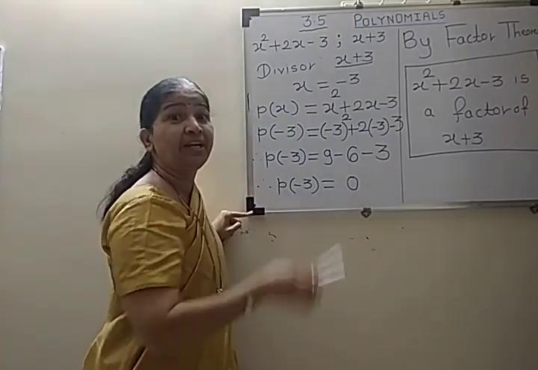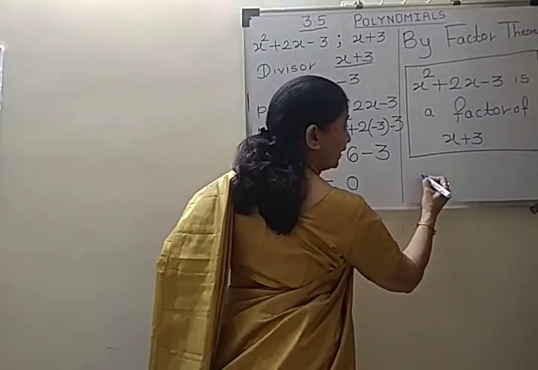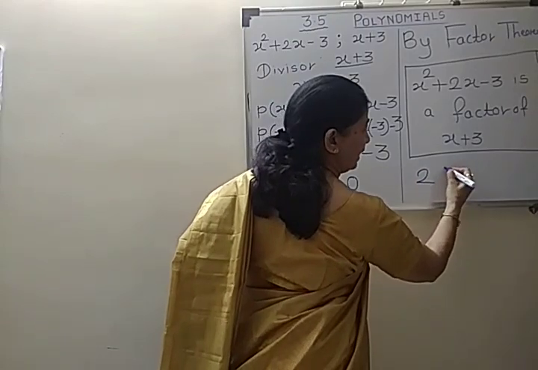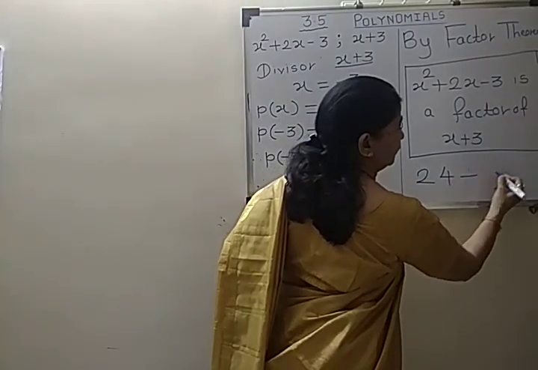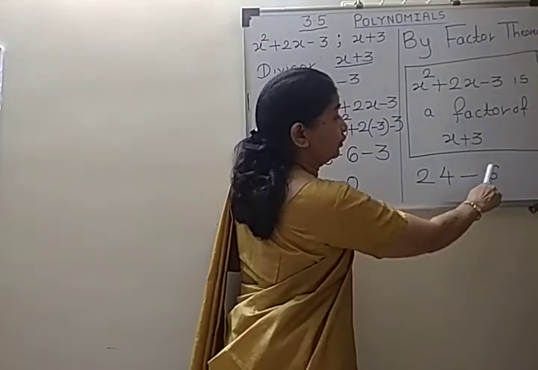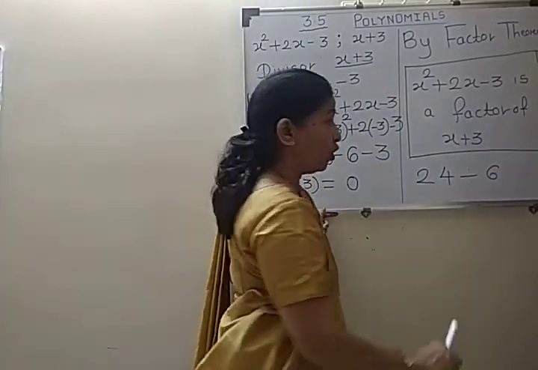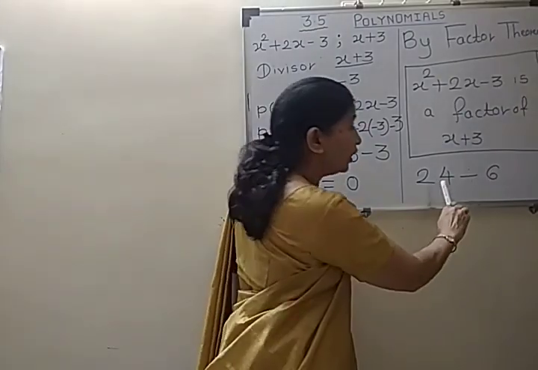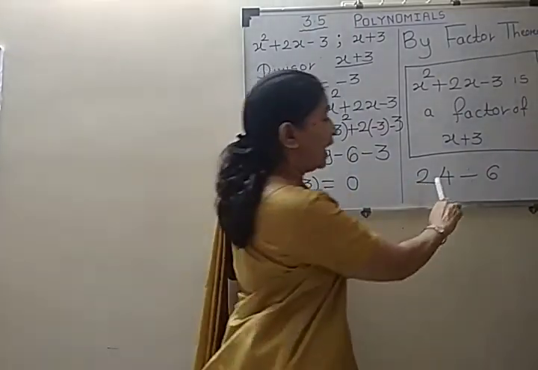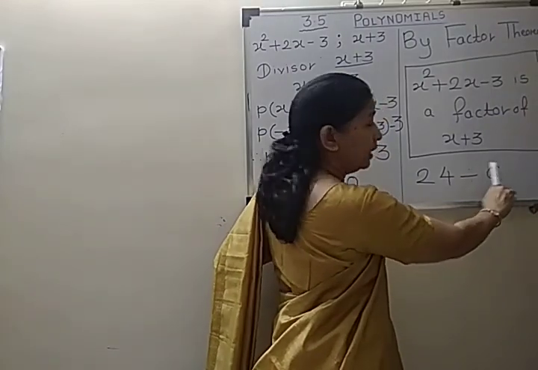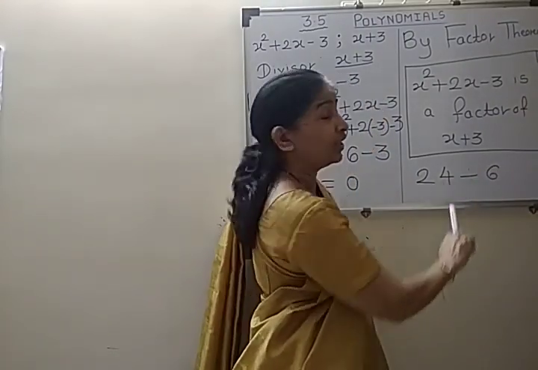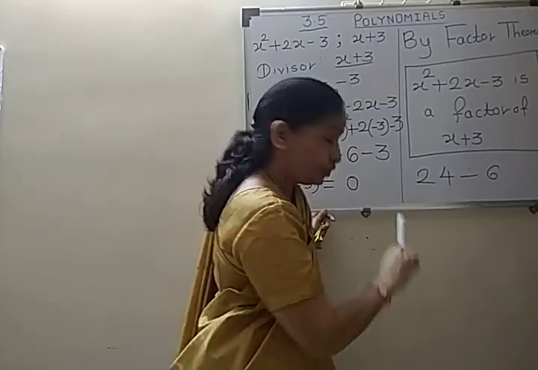When the remainder comes 0, again see the example. If I divide 24 by 6, 6 fours are 24 and the remainder comes 0. That's why I say that 6 is a factor of 24.